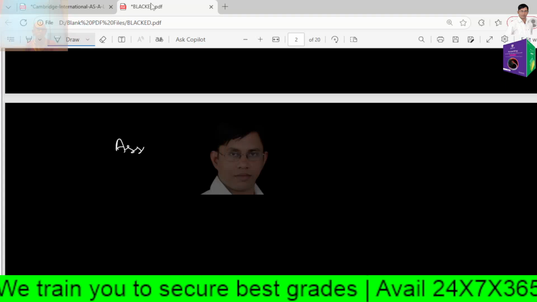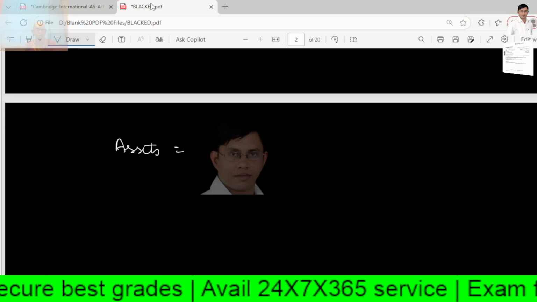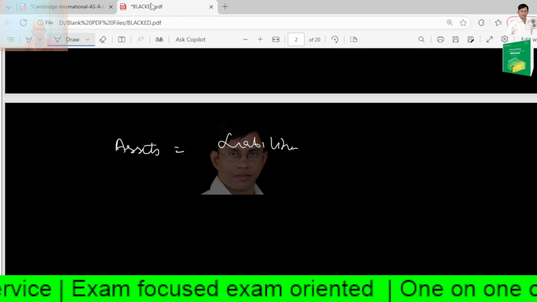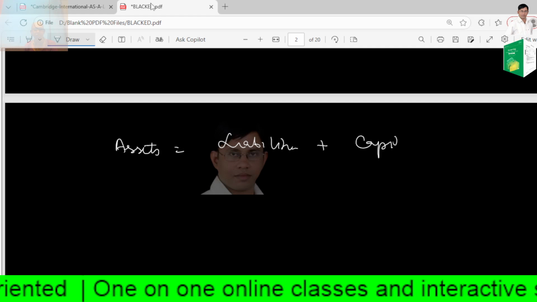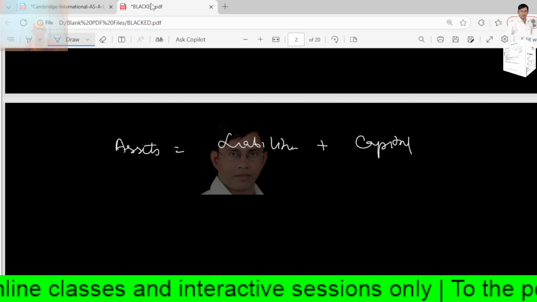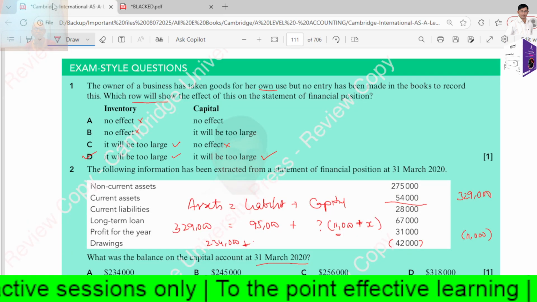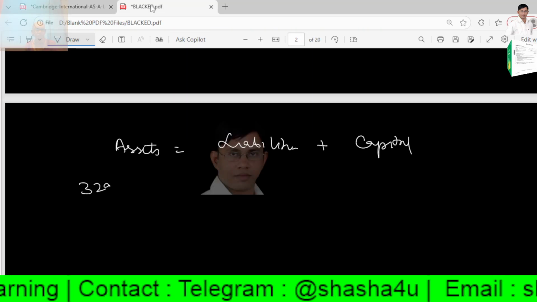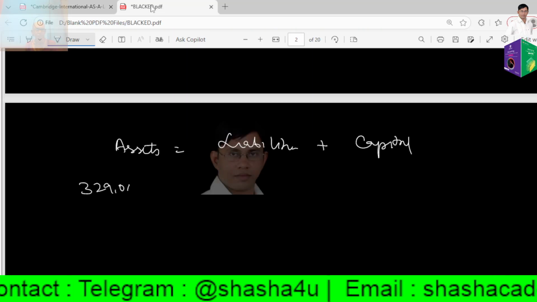Assets is equal to liabilities plus capital. So assets is 329,000 is equal to liabilities.